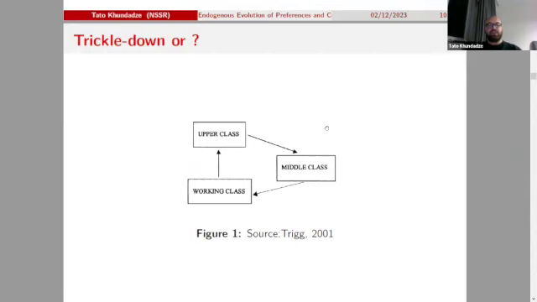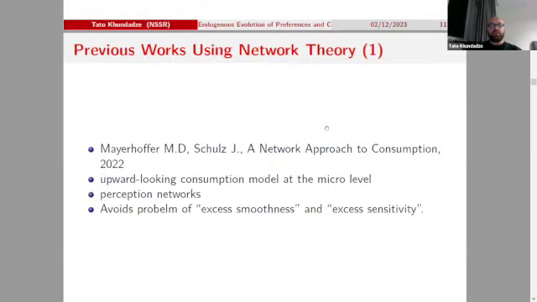For instance, we may have a situation where the working class emulates, or the middle class and working class then affect the consumption of the upper class. So this situation may also exist, and we can find these ideas in the works of Bourdieu, which I will show in a minute.